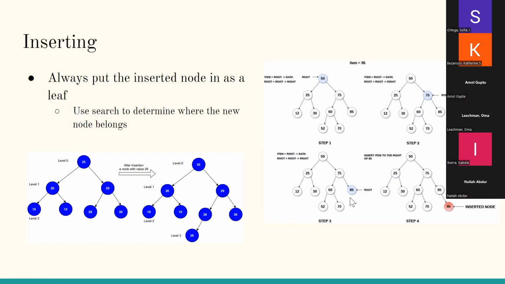There's nothing left, but we know that 95 is greater than 85, so we make it the right child. It will be the right child of 85, as it is larger than 85, but there is nothing beyond 85.